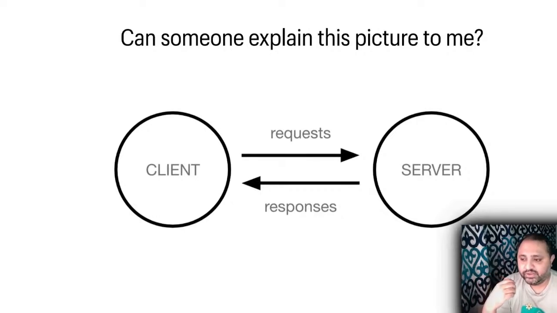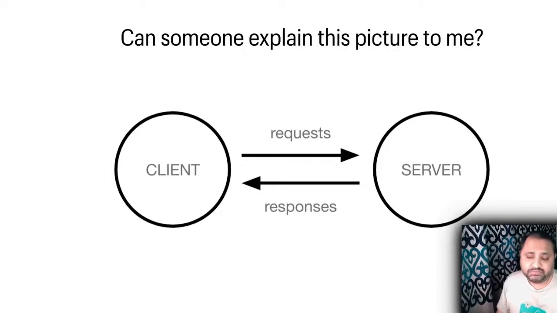You may tell the waiter that you feel like having a burger, and they'll prepare a burger for you. They'll take that request and do some processing on it. Of course, by that I mean somebody in the kitchen will be making a burger for you. That's the back end side of things. But the server will then come back with a response, which is your prepared meal, ready for you to enjoy.